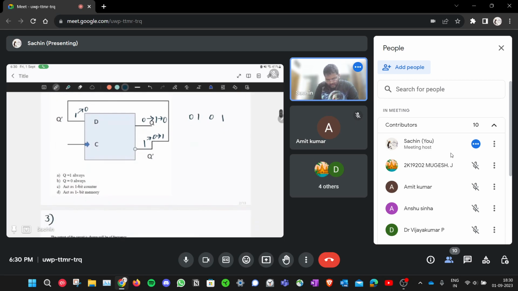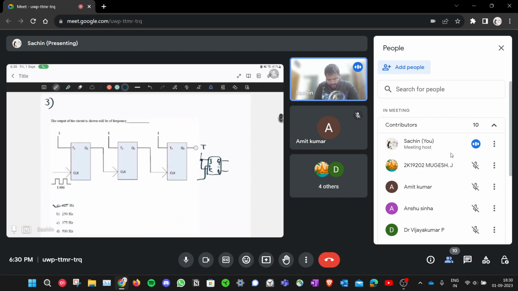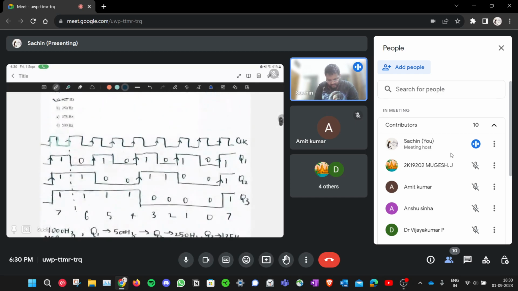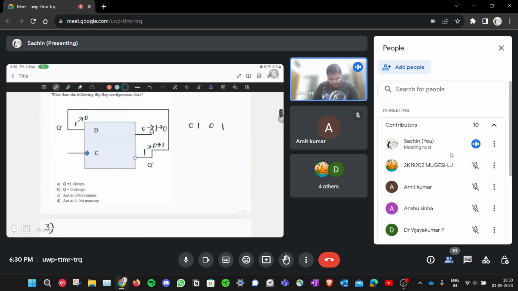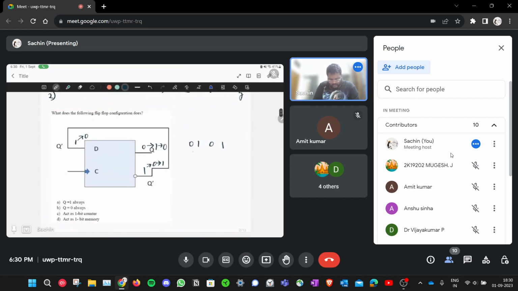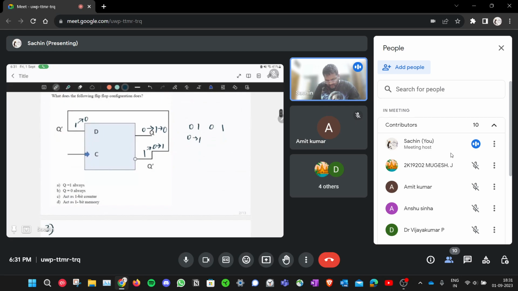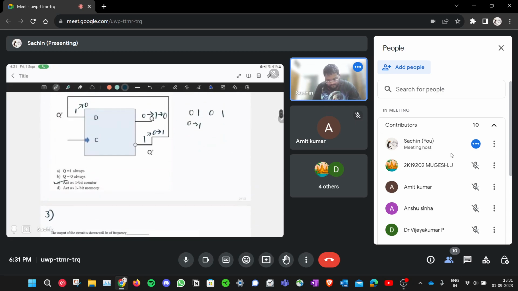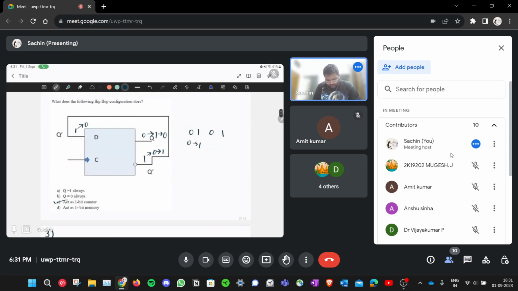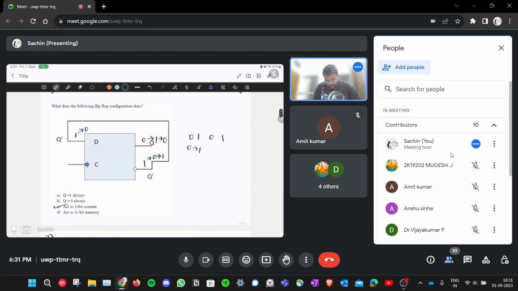So this is similar to this, right? Except that here, instead of counting from 7 to 0, if you take this as a 1 bit number, it's counting 0 to 1, and then 1 to 0. So it's a single bit counter. That's option C.